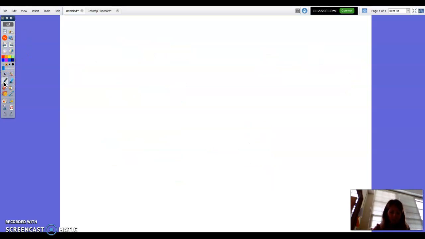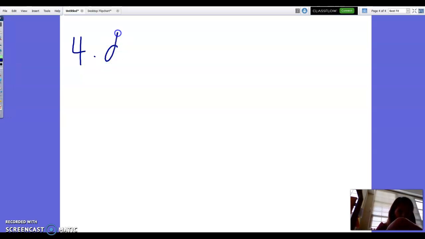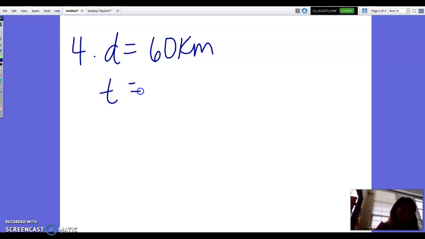I'm just going to call this one number 4, but it's the bicyclist one. So I know my bicyclist, it told me, covered 60 kilometers and the amount of time it took that cyclist to cover 60 kilometers, the total trip, was 3.5 hours. So I'm going to look for average speed.